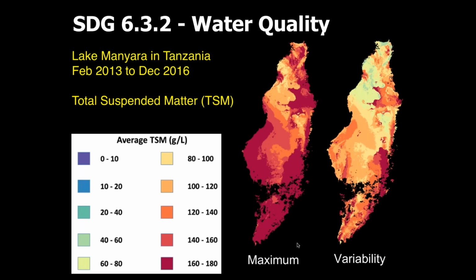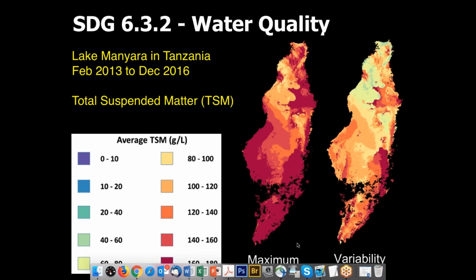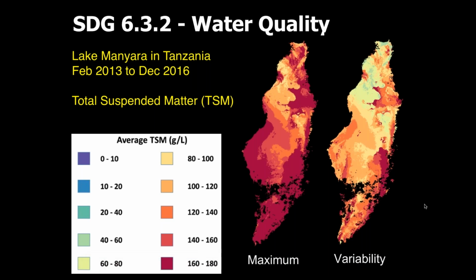Total suspended matter is a proxy for water quality. It's not a direct measurement of water quality. I say it's a proxy because when you're looking at water from space, you have a limited number of spectral bands in the satellite that allow you to look at the water and try to determine the level of water quality.